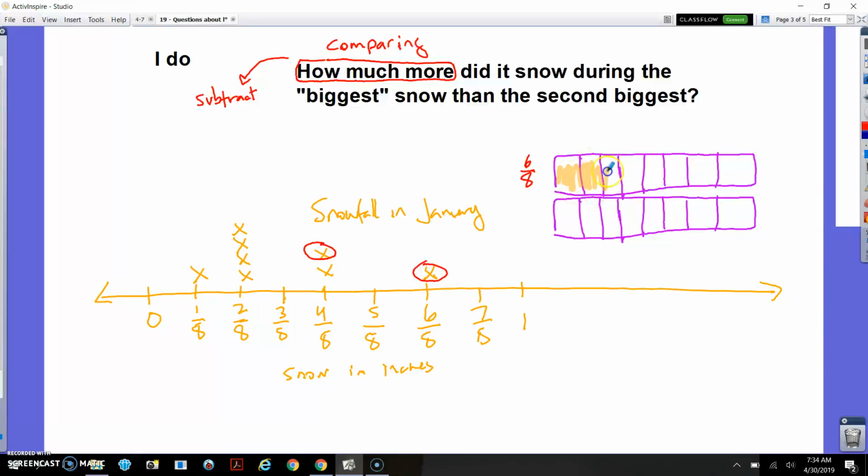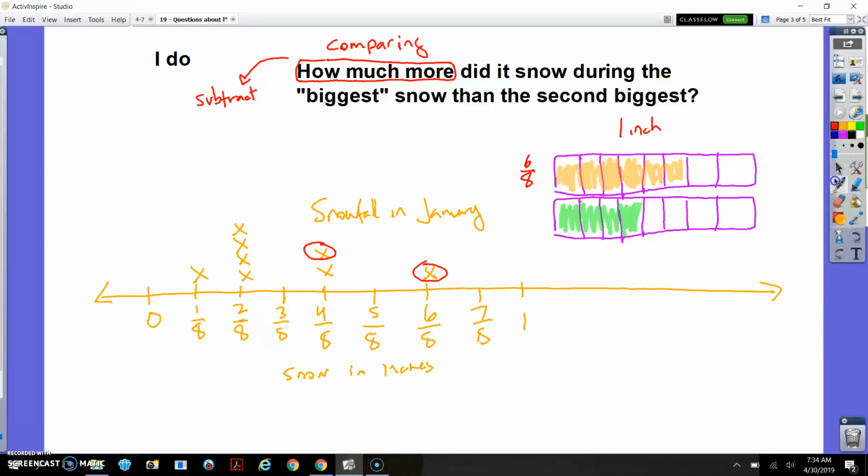If this whole thing's an inch, that's 6/8 of an inch. If I make sure this whole thing is 1 inch in my mind. And then the next biggest, the second biggest snow, there was no 5/8, but the second biggest snow was 4/8. And that would kind of look like this. 1, 2, 3, 4.